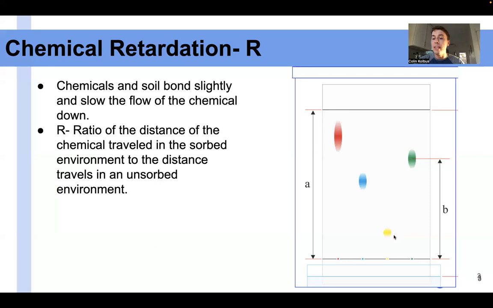Whereas the yellow one here is interacting with the paper a lot, so much so that it's been inhibited quite a bit. In the same distance it took this red dot to travel up that distance, this yellow dot did not travel very far. And all of this is traveling by capillary action. This is actually something you can do at your house with various food dyes because they all have different actual chemical dyes in them.